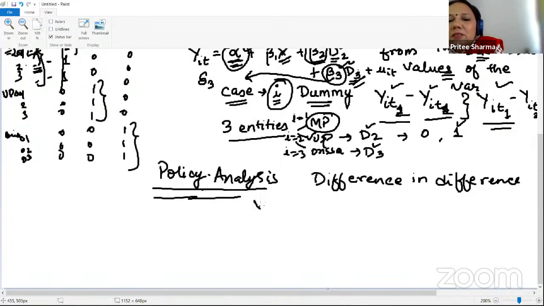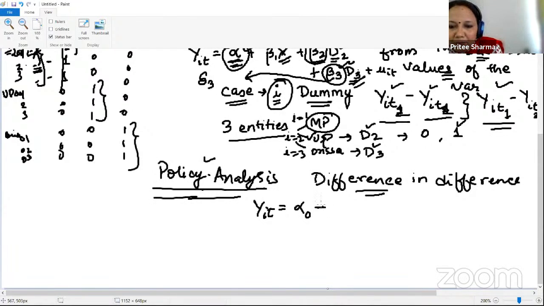So in order to do this estimation, for example, this is our equation, Yit is equal to alpha. In case of this difference in difference with policy analysis, we know that there will be two situations. One is where the policy has been implemented and where the policy has not been implemented. So how are we going to write it?